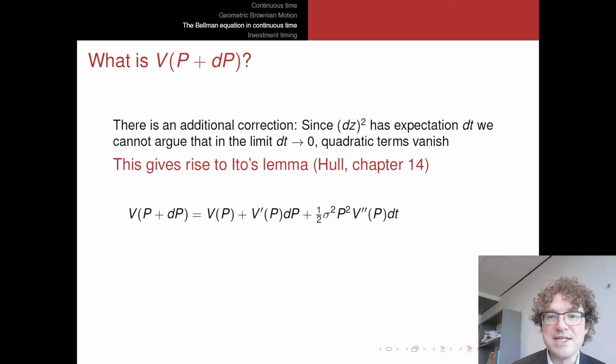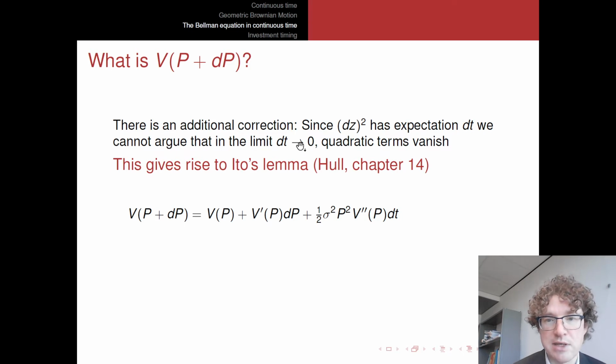So dz squared, a squared term here, actually has an expectation which is also proportional to dt, just like the first order correction. So we cannot argue that as we take this very small time limit, dt to 0, that this amount here is going to vanish, because it will have exactly the same order of size, also in order of dt, that will be present in all these dt terms.